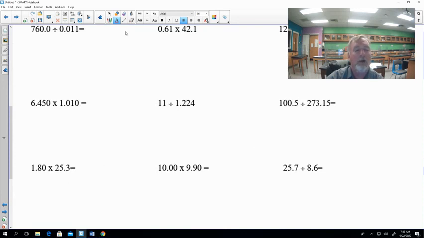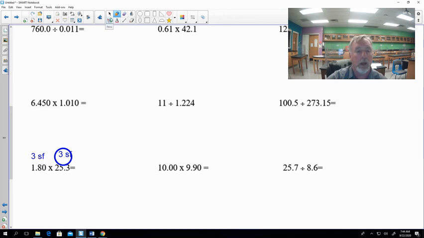Let's do this one down here in the bottom corner. 1.80. How many sig figs do we have there? 3. Again, that trailing 0 counts because there's a decimal. 25.3. We also have 3 sig figs. Our answer is allowed to have 3 sig figs.